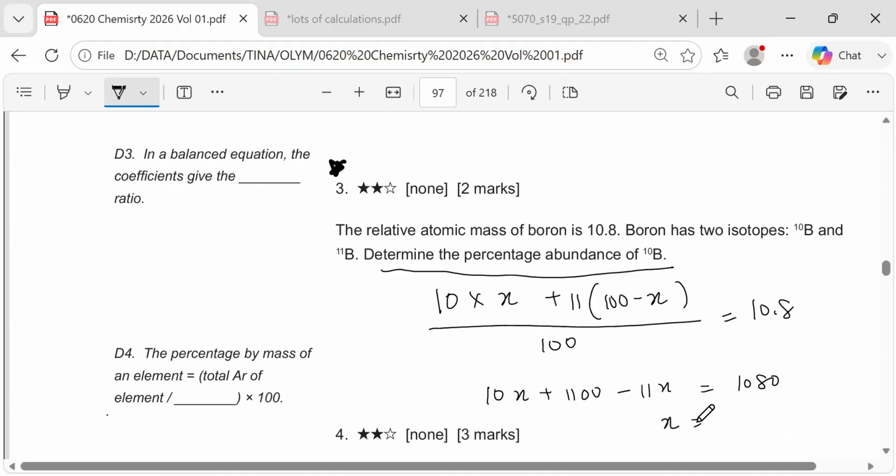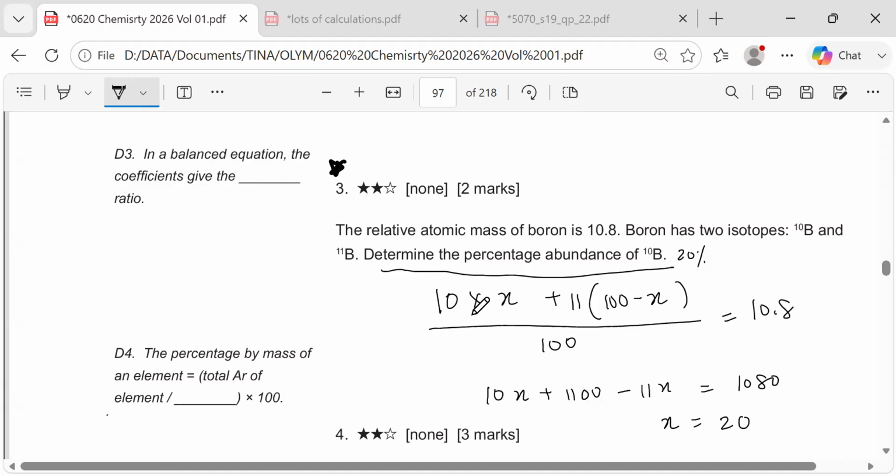X equals 20%. So that's how I know this one is 20% and the other one is 80%. Do you understand how to count this now?